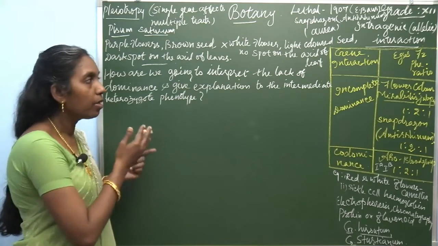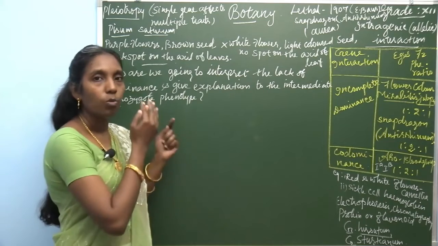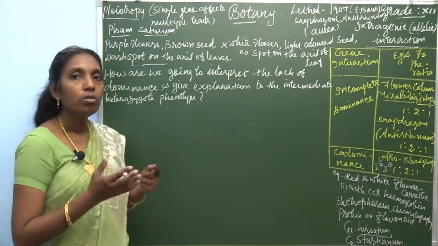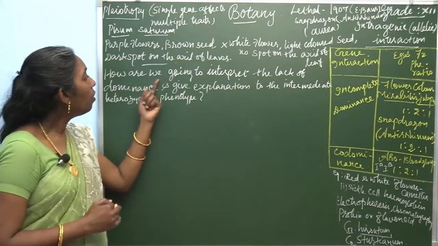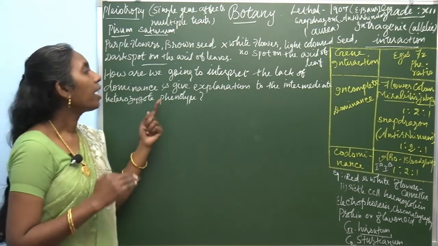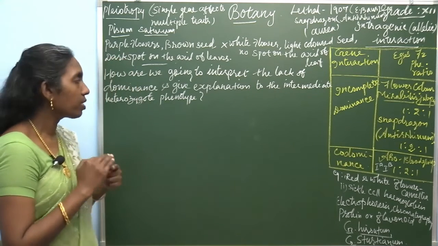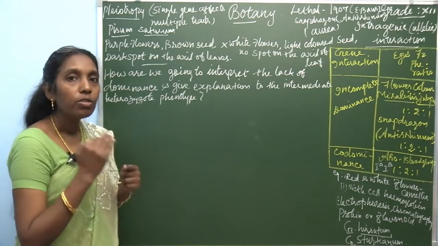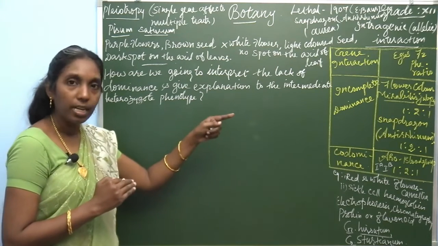But in incomplete dominance, as the name indicates, only 50% will express, so that it does not give red. What's the reason? So, the question is: how are we going to interpret the lack of dominance and explain the intermediate heterozygote phenotype? The heterozygote phenotype is incomplete.